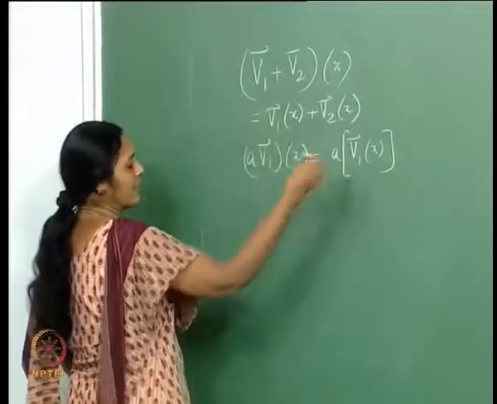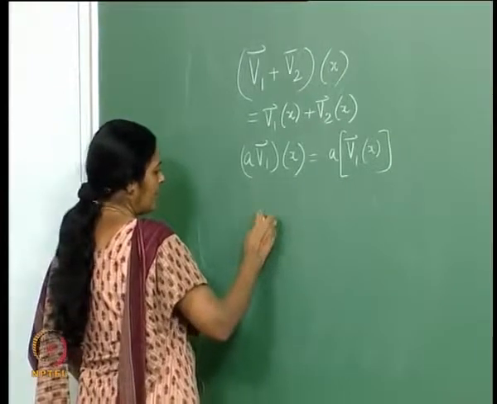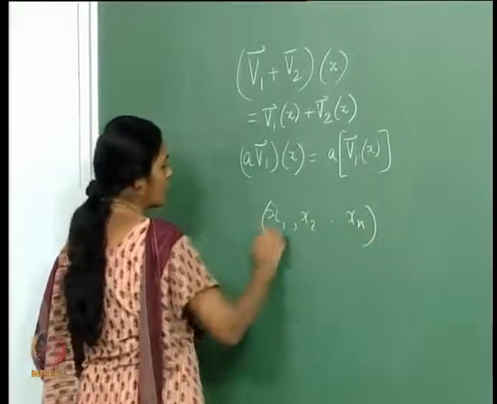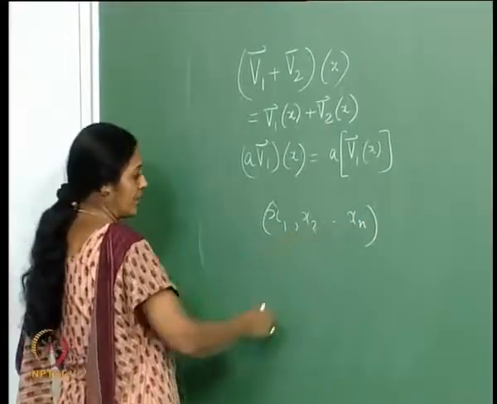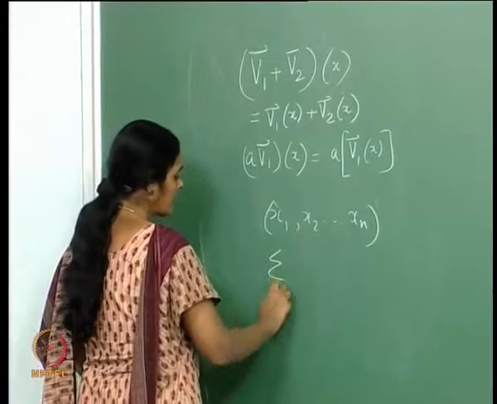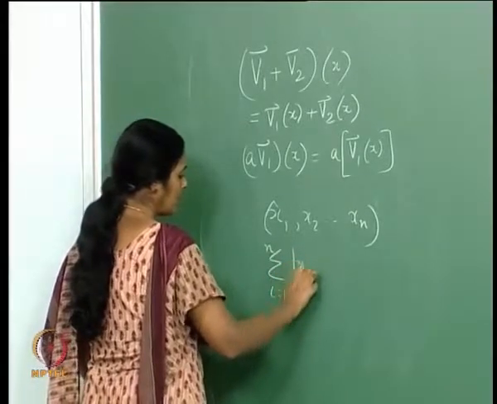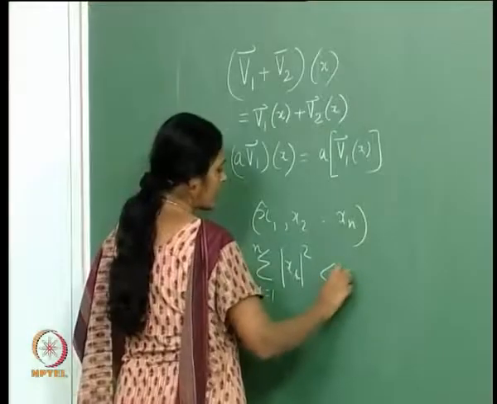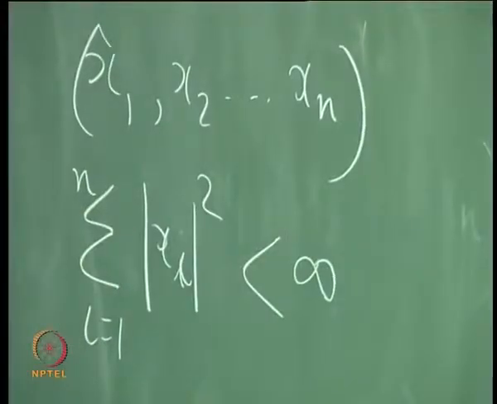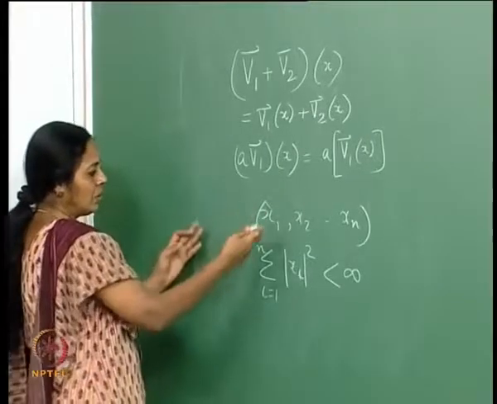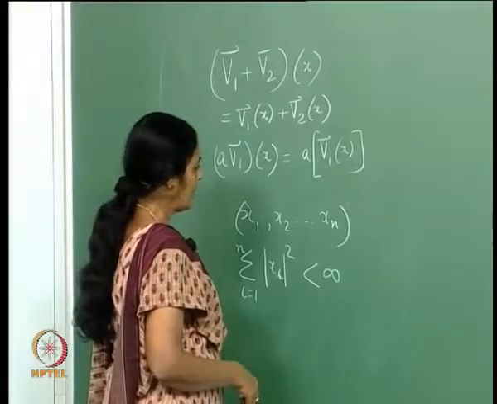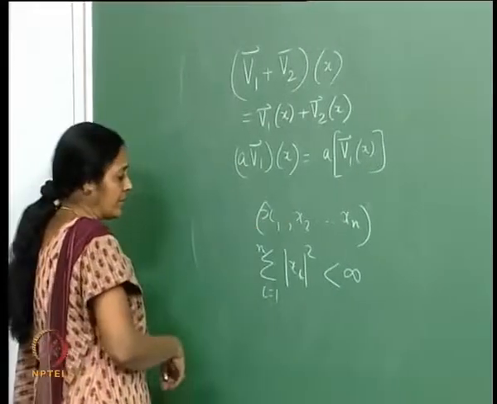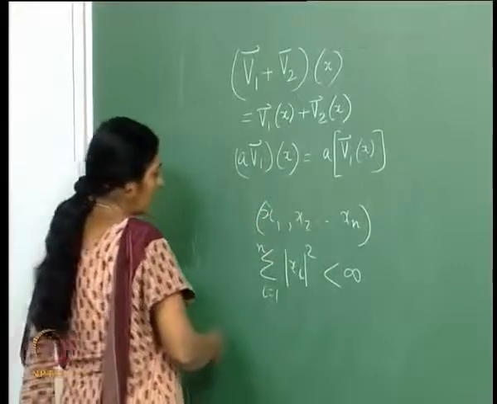There are some interesting linear vector spaces. Suppose you consider the string of numbers x1 to xn, the xi's being real, and suppose the summation i equals 1 to n of mod xi squared is finite, with addition and scalar multiplication defined as I mentioned earlier for an n tuple x1 to xn.